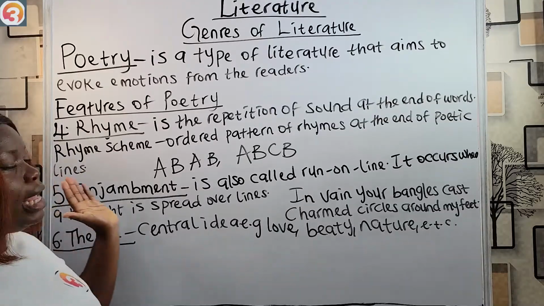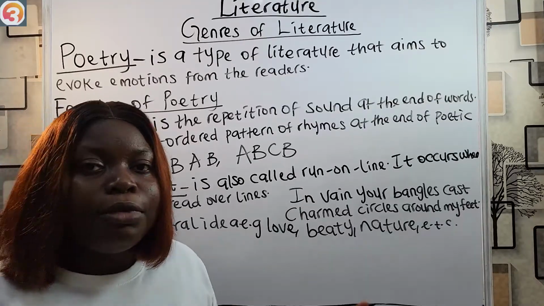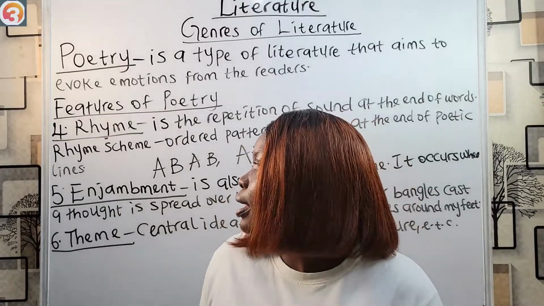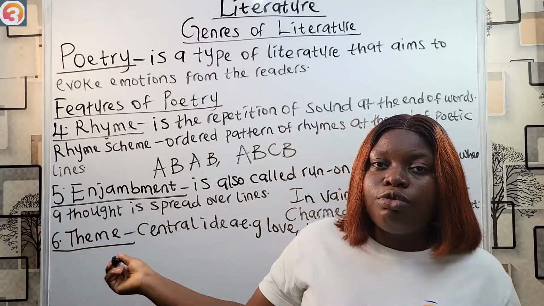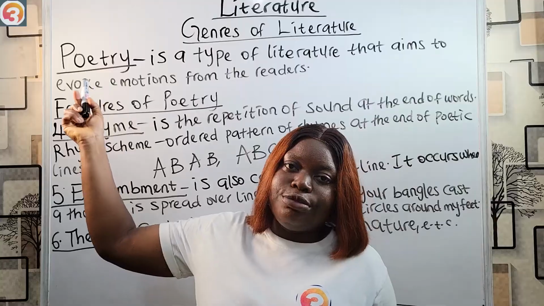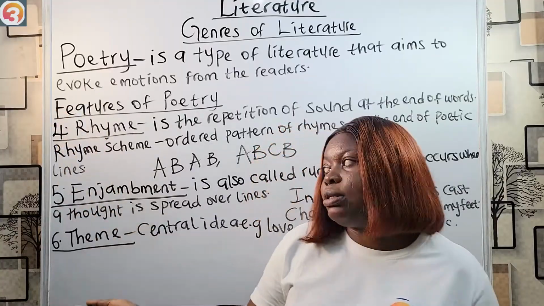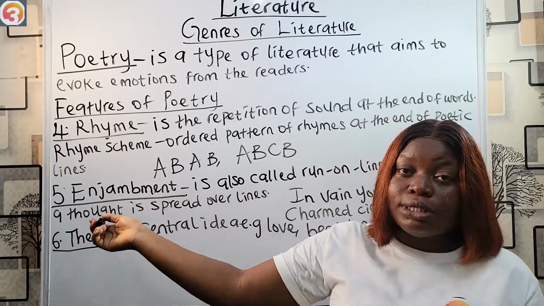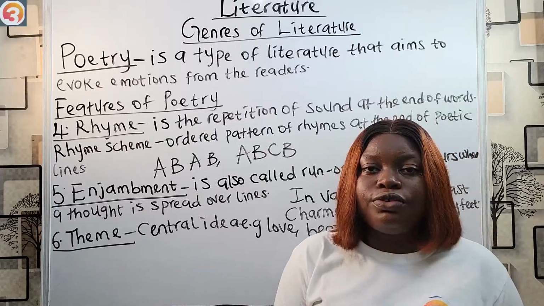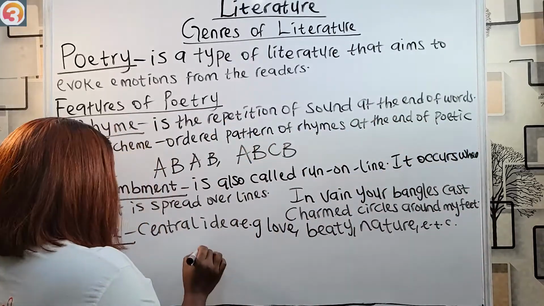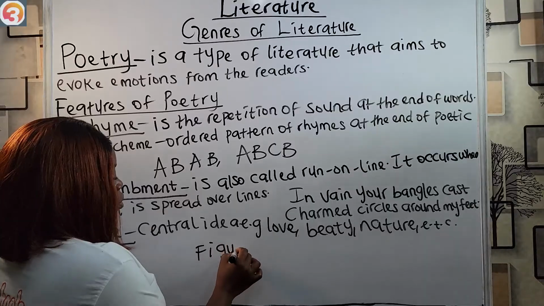So these features, that's the stanza, the rhyme, rhythm, meter, and enjambment that we've looked at, are majorly found in poetry, majorly found in poems. That doesn't mean that these are all the features or all poetry entities. Poetry can also contain figures of speech, which we've looked at.